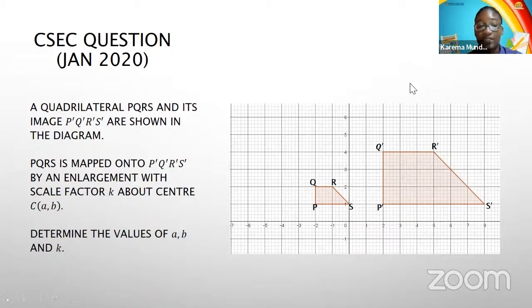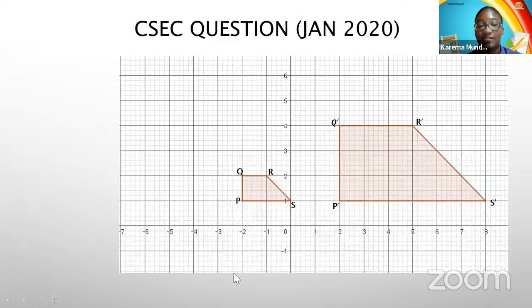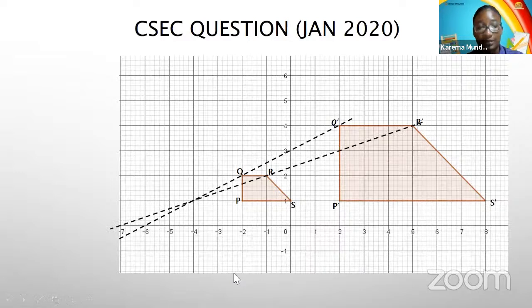And just in case you missed it, remember, you can always find your center of enlargement by connecting corresponding points. So Q to Q prime, R to R prime, P to P prime, S to S prime. Once you connect those corresponding points, what did we say?